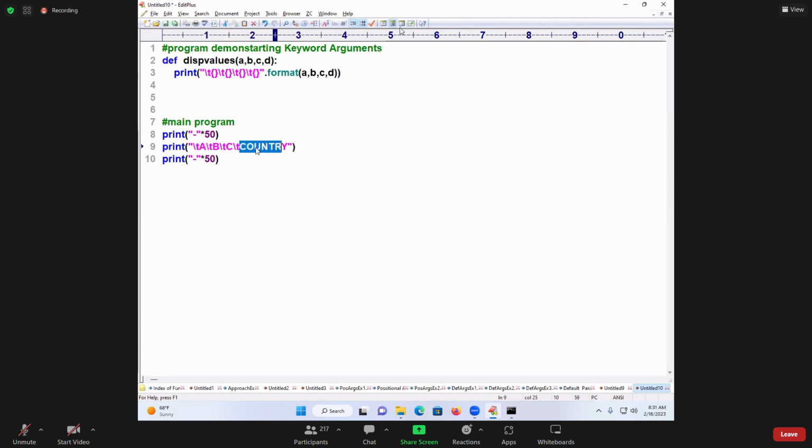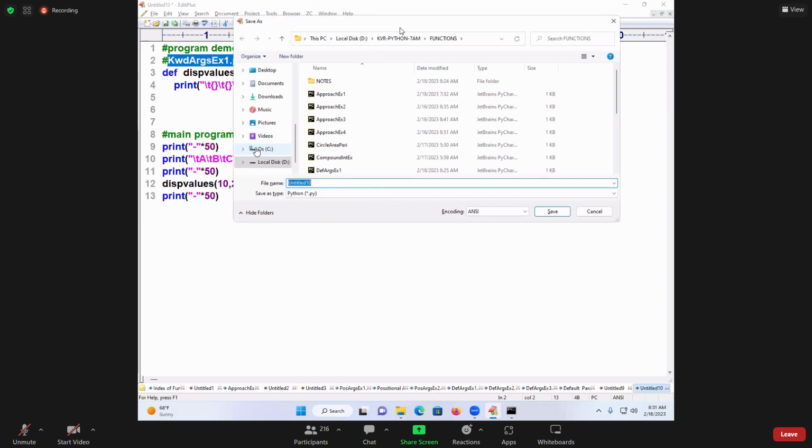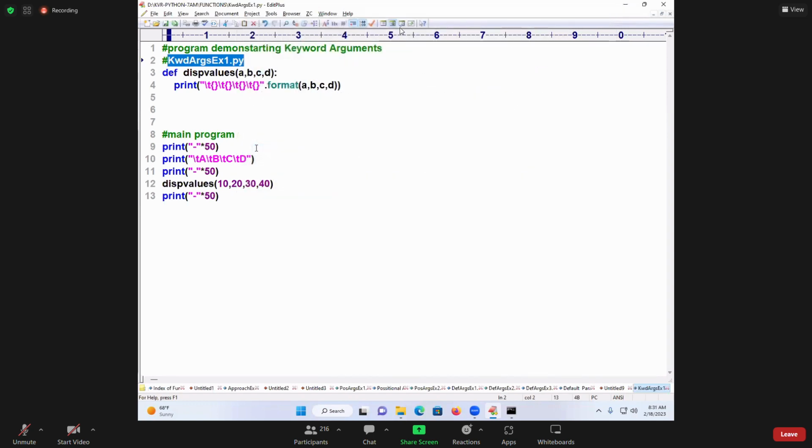What is the data I am passing? display_values of 10, 20, 30, 40. Okay, this is well and good. What is this mechanism? You need to say positional arguments. Keep it as keyword_args_example1.py. Positional arguments. Once you are listening to the class, you must tell what mechanism you are following.